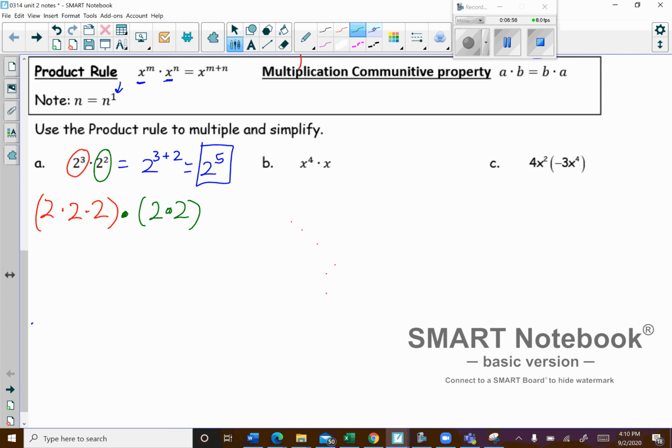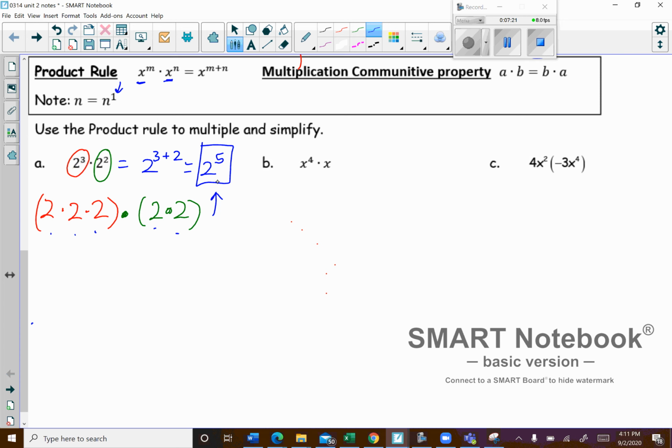If you notice, you're multiplying the base 2 upon itself 1, 2, 3, 4, 5 times, and that's why it becomes 2 to the power of 5. A lot of times we'll leave it like that. You could multiply it out and get 32 if you really want to, but right now we're trying to practice the product rule.